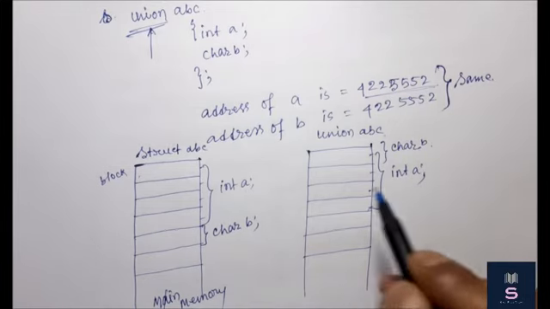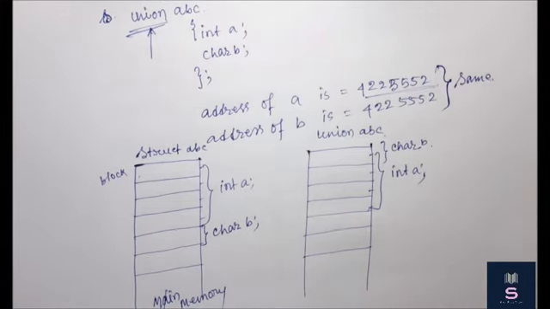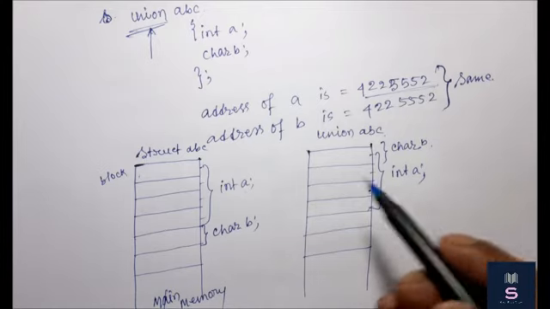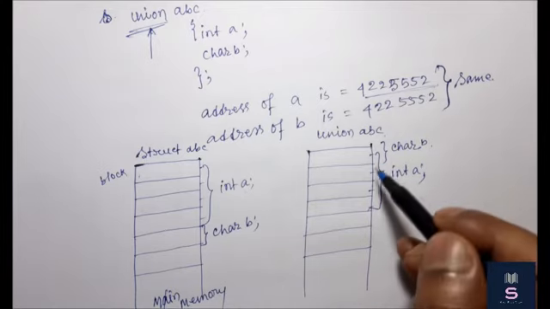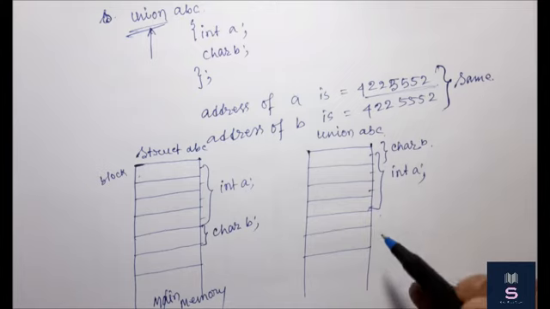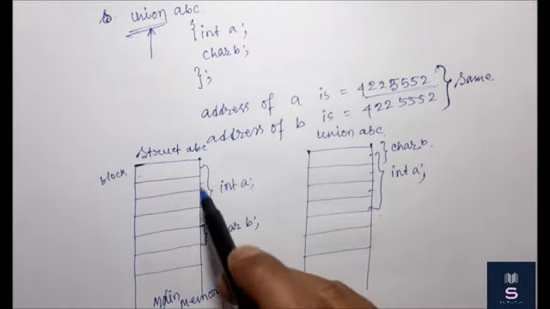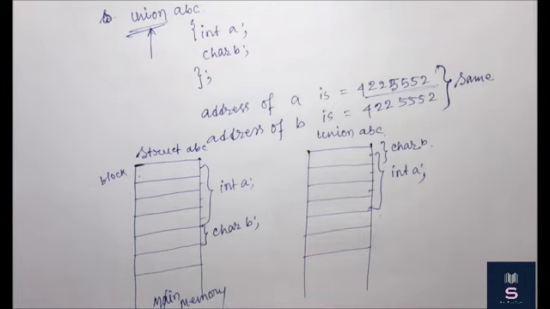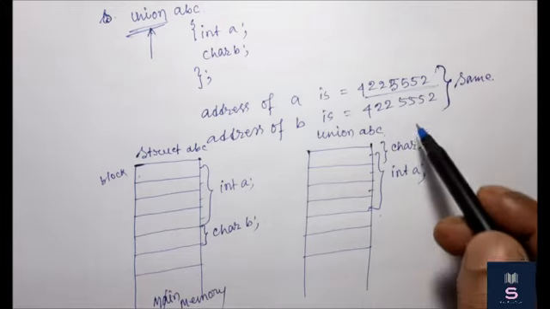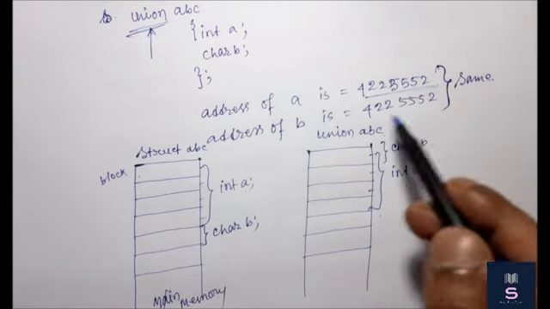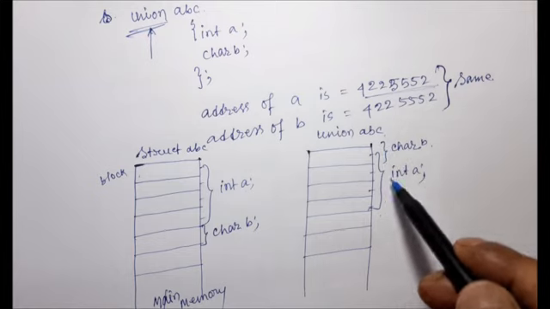From this pictorial representation we can say that union members share the same memory location, but in case of structure their members get different, though contiguous, memory locations. The address of structure members is not the same, but here the members get the same memory address.